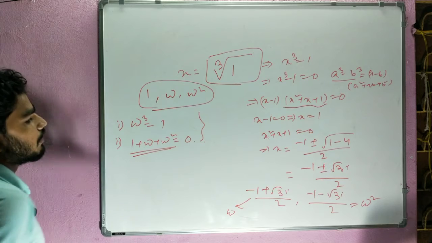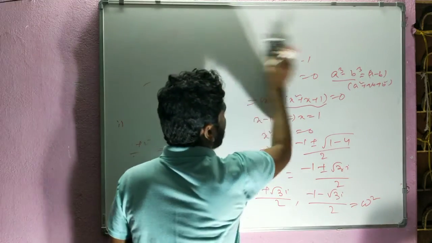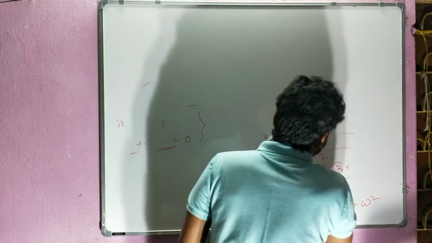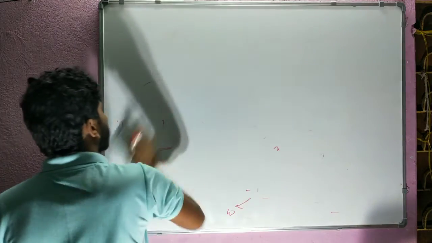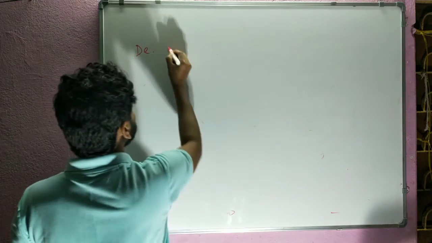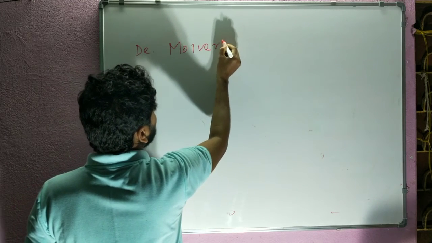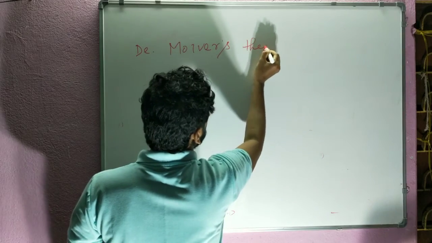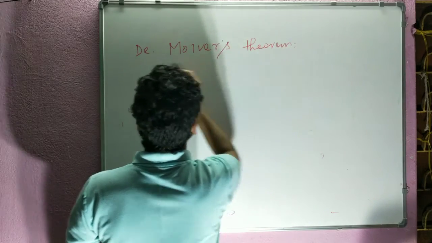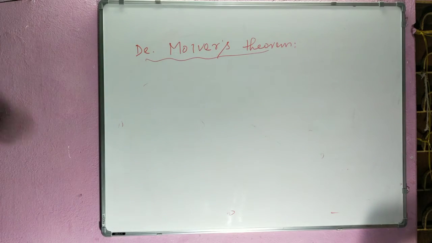Next, a very important topic: I discuss De Moivre's theorem, the last topic of the complex number. De Moivre's theorem is a very important topic of the complex number.